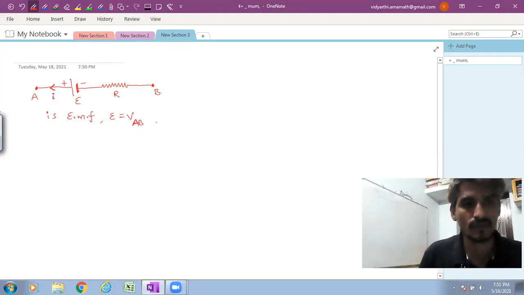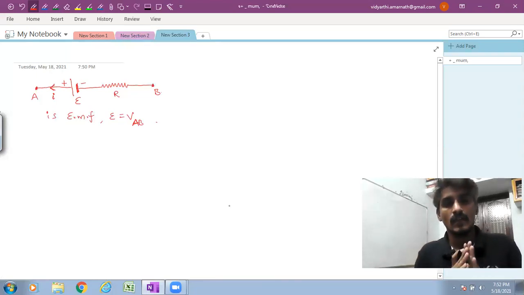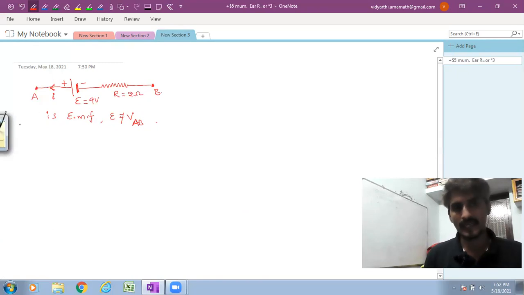Suppose the current is flowing through the whole wire in this direction. Then we can say that the potential difference is not equal to the EMF of the battery. Let us consider the EMF of the battery is 9 volts, and the resistance is 2 ohms, and the current is flowing like this.